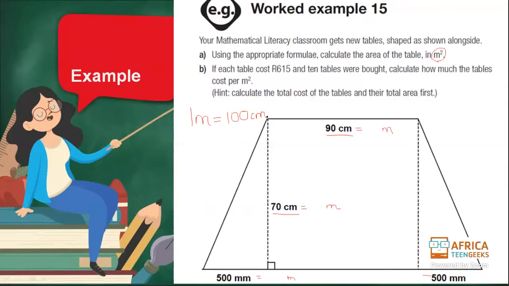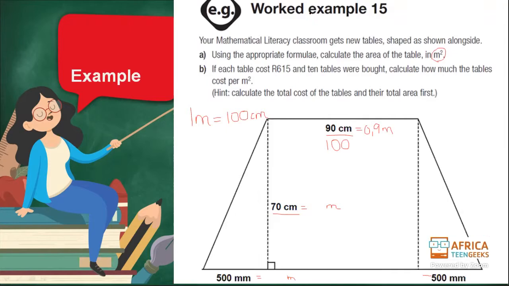Okay, that means if I'm converting 90 centimeters to meters, I'll divide by 100. Right. My answer should be 0.9. So well done, Jessica, for this one.